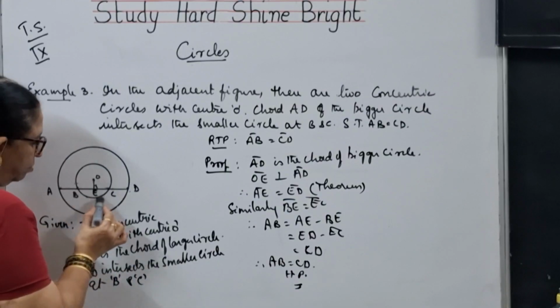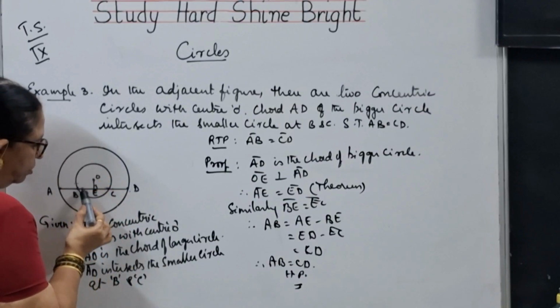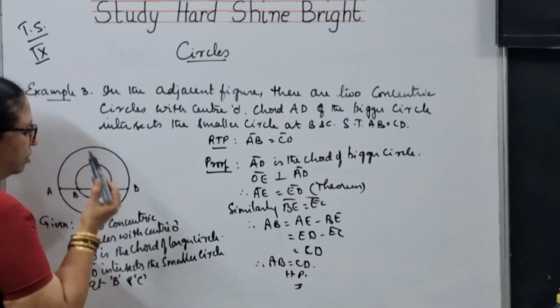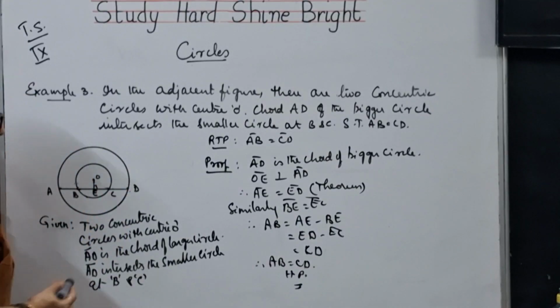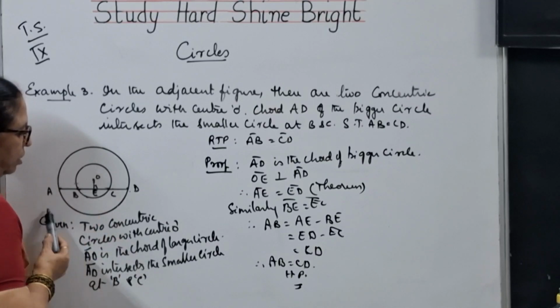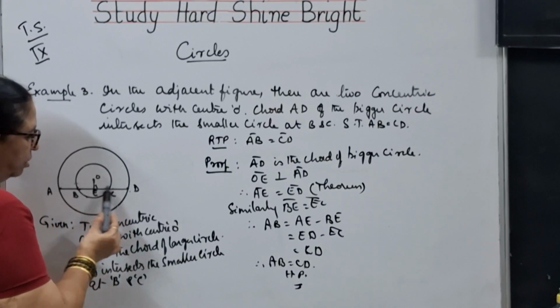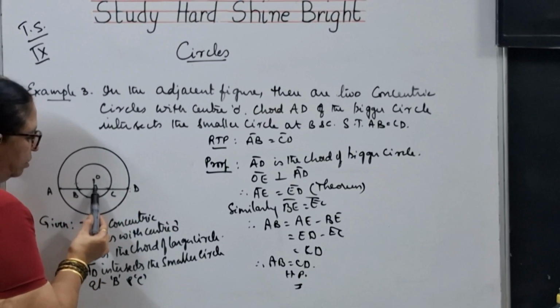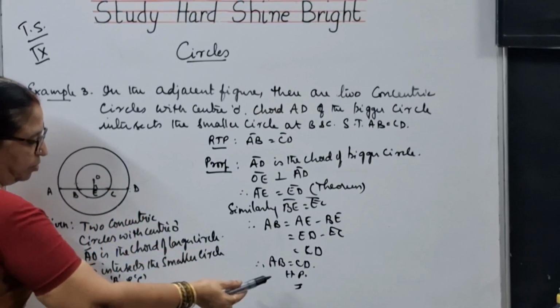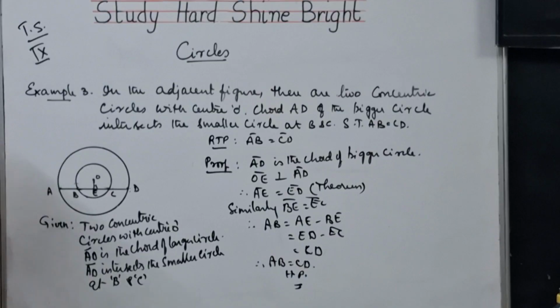Similarly, this is the smaller circle, so OE is perpendicular to BC, so BE is equal to EC. So AB you want, AE minus BE. AE is nothing but ED, BE is nothing but EC. So we are getting AB is equal to CD. I hope I am clear, children. Please note it down.